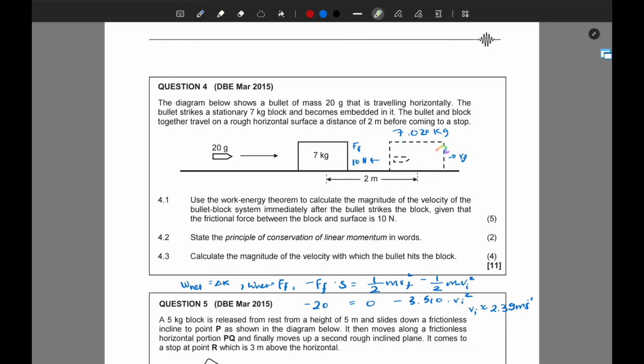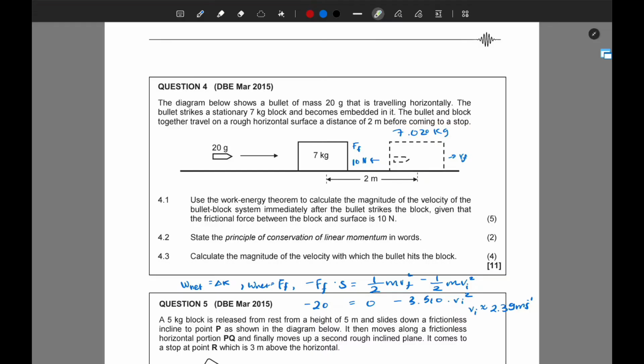So for the final speed, we're going to look at negative 20, and then the change of kinetic energy is given by the kinetic energy formula of half mv squared. The final kinetic energy is going to equal 0 because it's starting from rest, so there's no kinetic energy. This is what we're looking for. We'll plug in the mass of the final system.